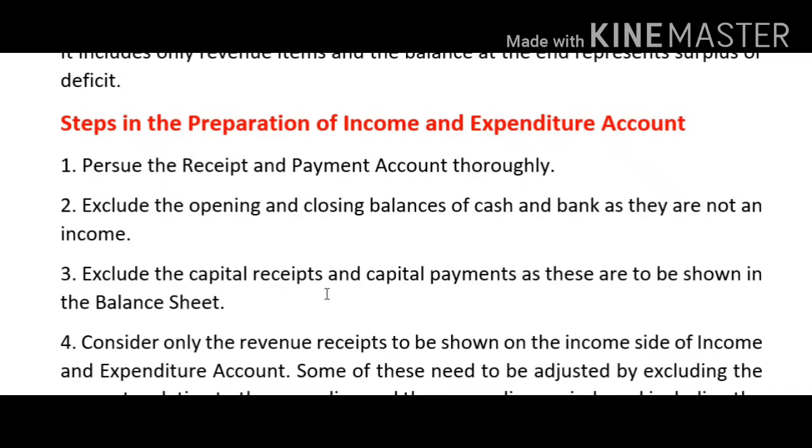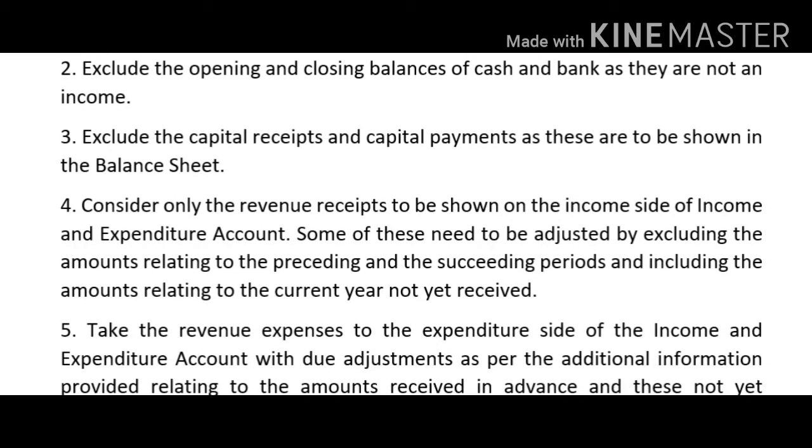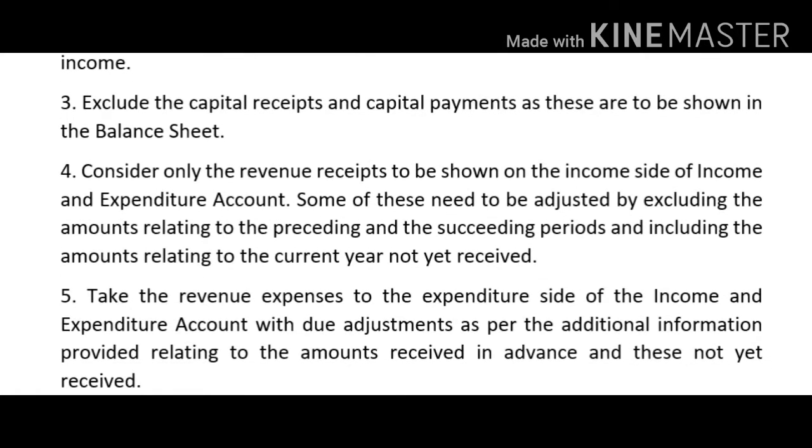Exclude the capital receipts and capital payments, as these will be shown in the balance sheet. Consider only the revenue items. Revenue receipts will be shown on the income side, and revenue expenses will be shown on the expenditure side.